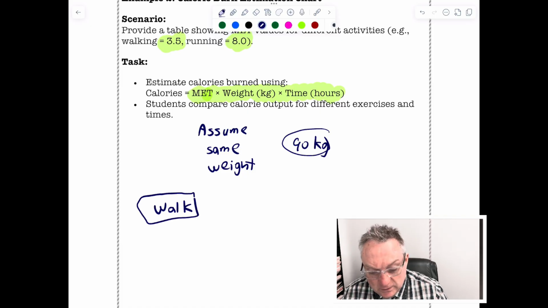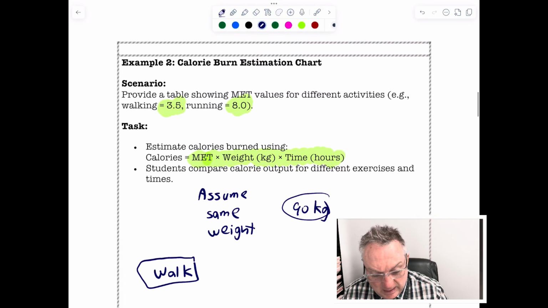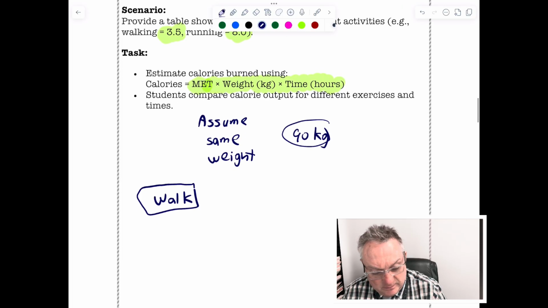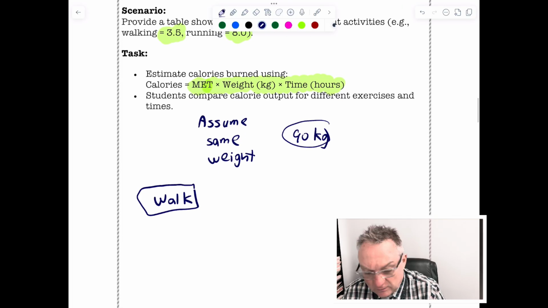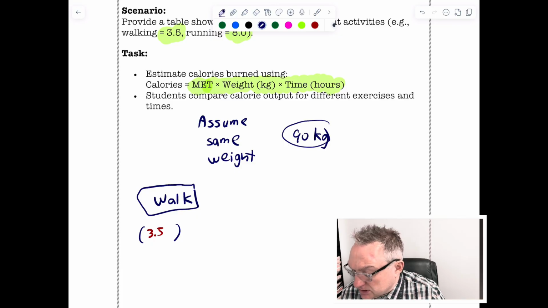Using that formula, the metabolic rate for walking is 3.5, and then we multiply by the time. So let's just say we're doing it for a half hour.